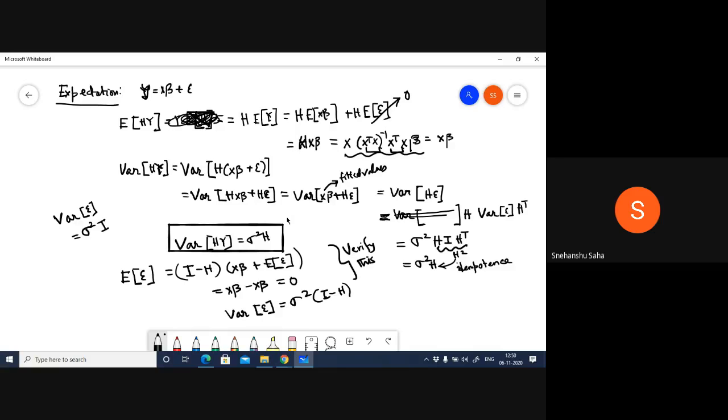So if I use all of these properties, I can finally find the expected mean square error, which is nothing but 1 over n times E of I minus H, and this will turn out to be n minus 2 sigma square by n. That is something we could verify later.